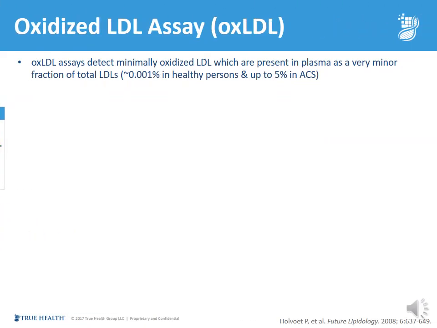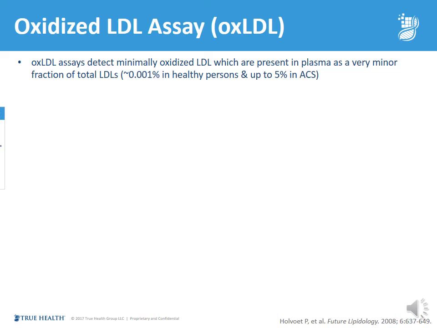So let's talk about the assay, but a few reminders first. The oxidized LDL assays detect minimally oxidized LDL, which of course will have a correlation with more fully oxidized LDLs in the arterial wall, but you're not measuring fully oxidized LDLs because they really do not exist in plasma.